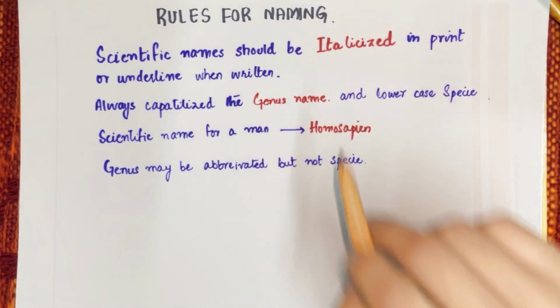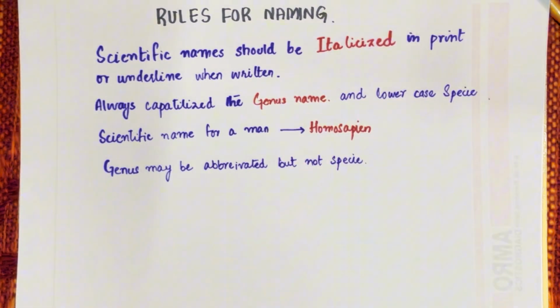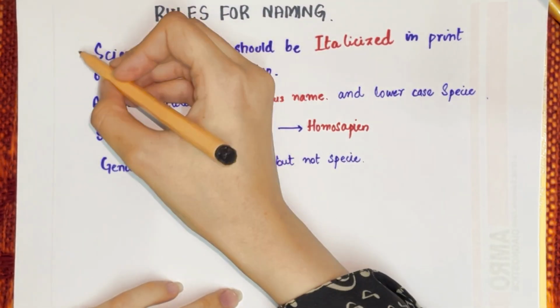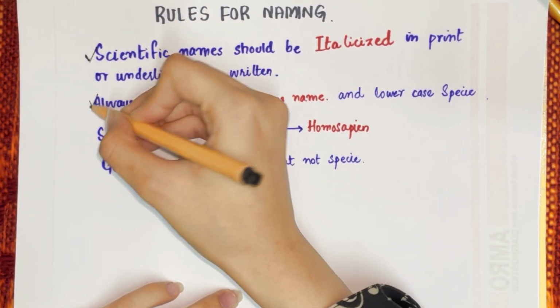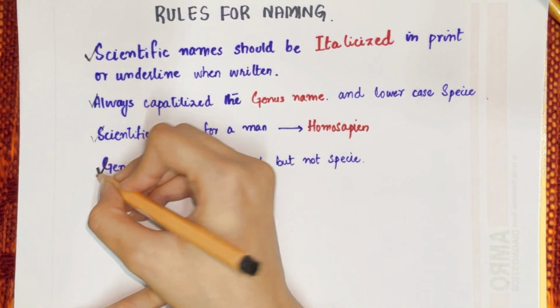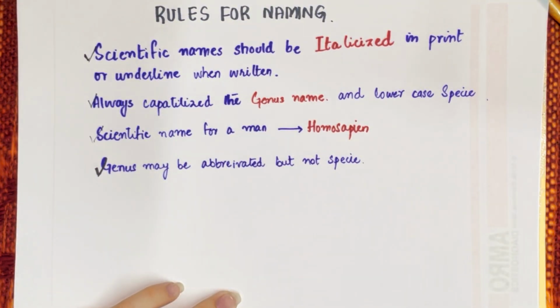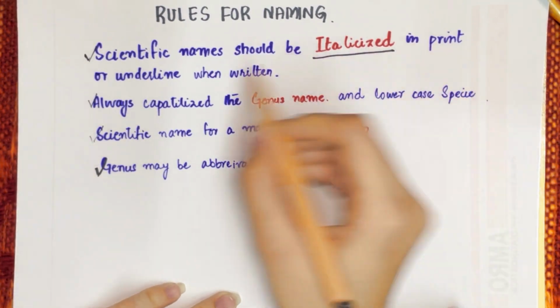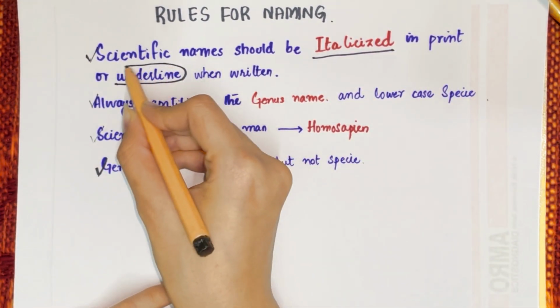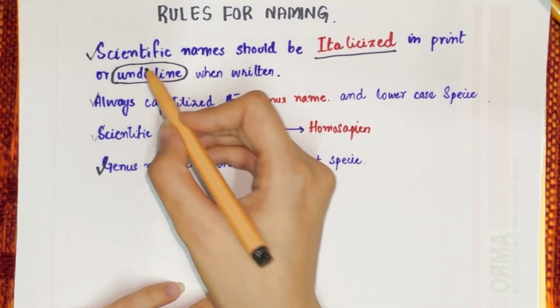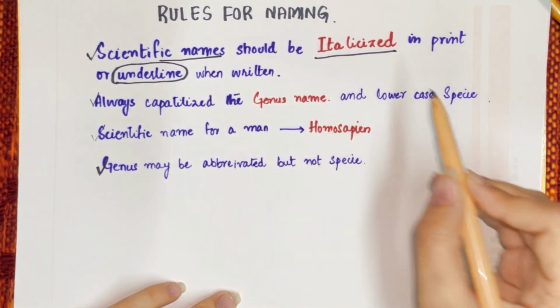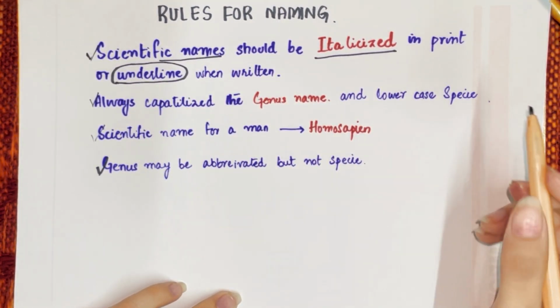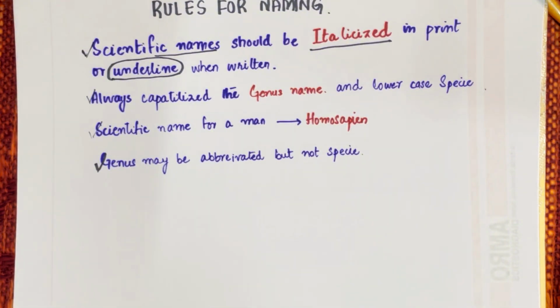Next topic that we have, a very small topic, is the rules for naming in nomenclature. There are four mentioned rules. Number one says the scientific name should be italicized in print or underlined when written. So when we are talking about scientific names, they should be italicized. Let me show you what the term italicized means.